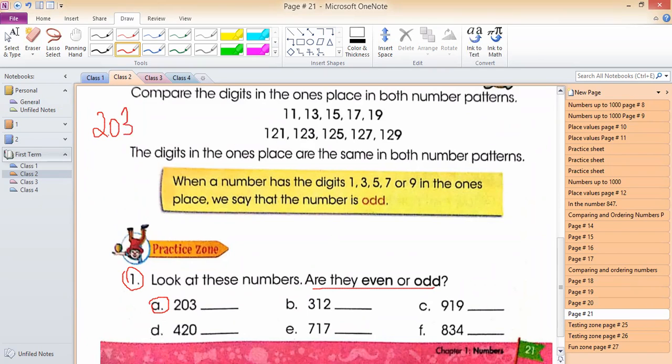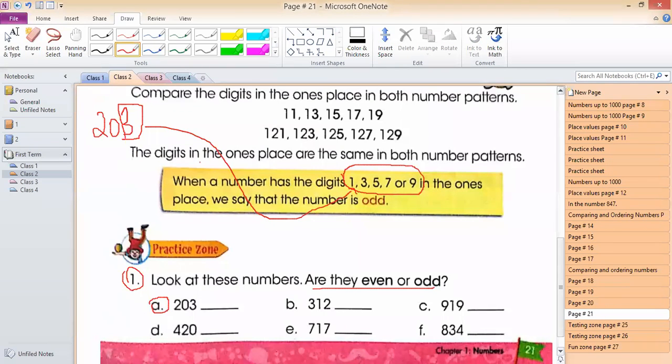As I told you guys, forget about the numbers in the hundreds and the tens. Just check the number in the ones place, the last digit. The last digit is 3. Whenever the last digit is 3, the number is odd, because 3 is an odd number.